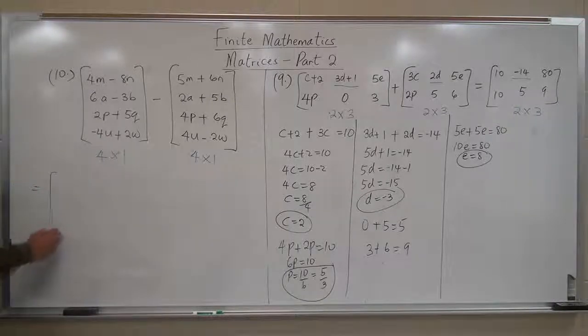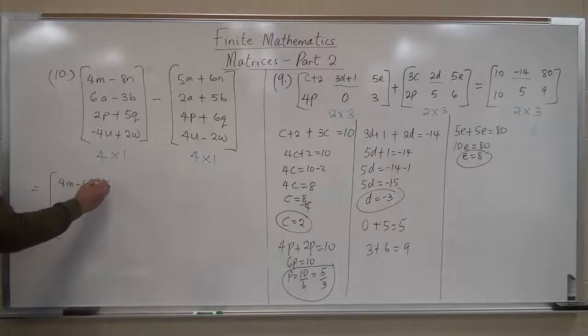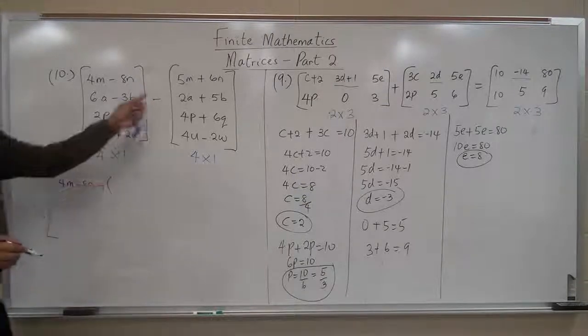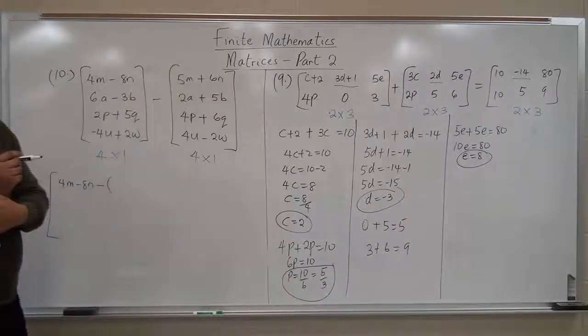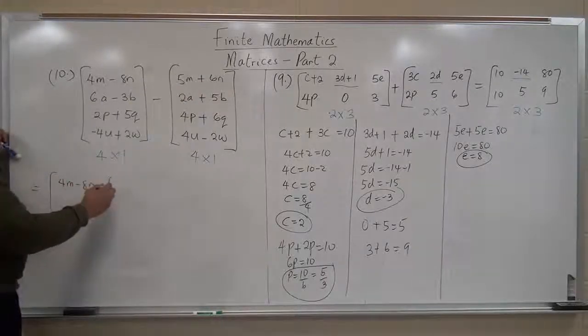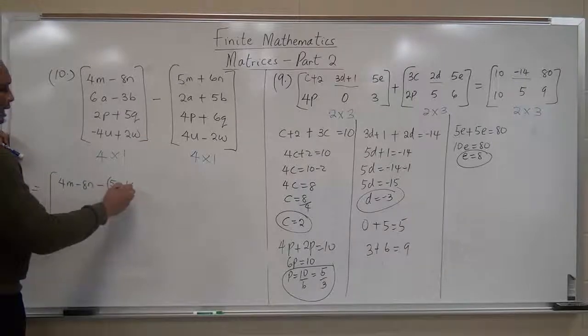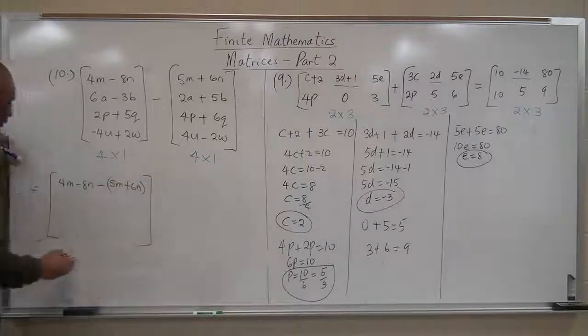Okay, so let's go ahead. This will now be 4m minus 8n minus. You put your parentheses now. Be careful. You don't just do minus 5m plus 6n. No, you don't do that. You have to put your parentheses 5m plus 6n. Okay, you close that.